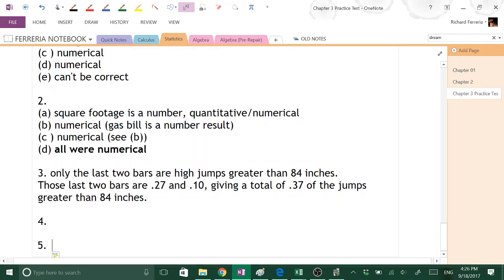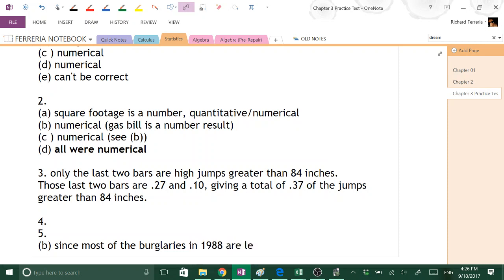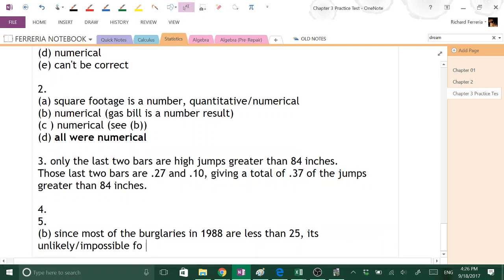So maybe I should write that up here for B. Since most of the burglaries in 1988 are less than 25, it's impossible for the median to be above 25.